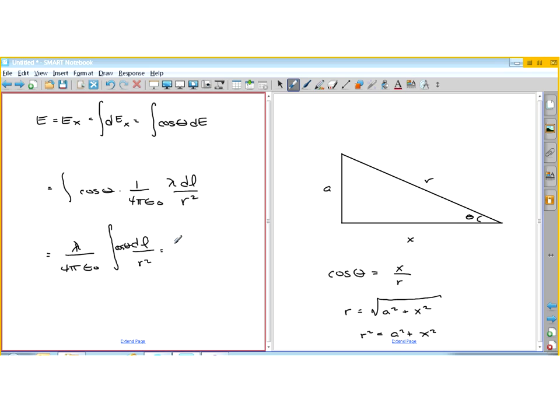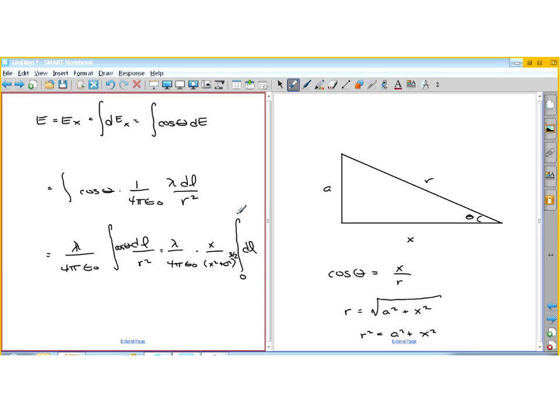So we can bring that out, and what we'll have is lambda over 4 pi epsilon 0 times x over x squared plus a squared to the 3/2 power, and then we integrate dl.